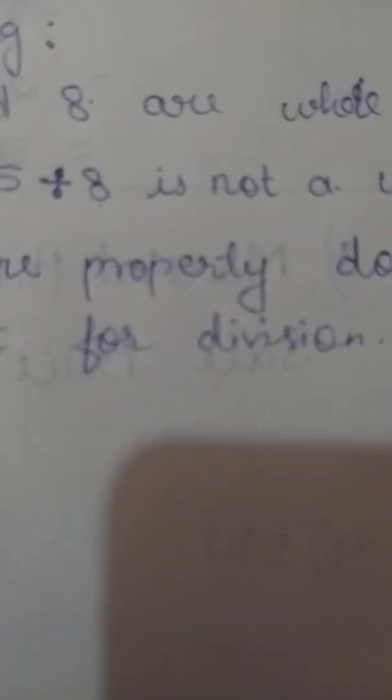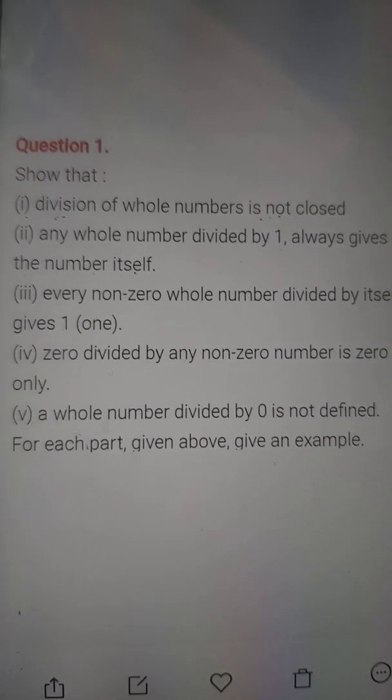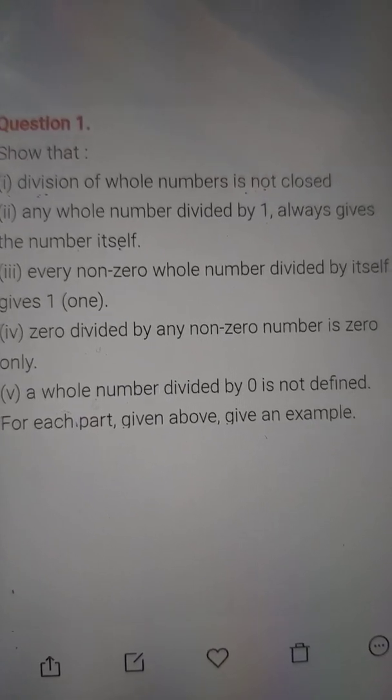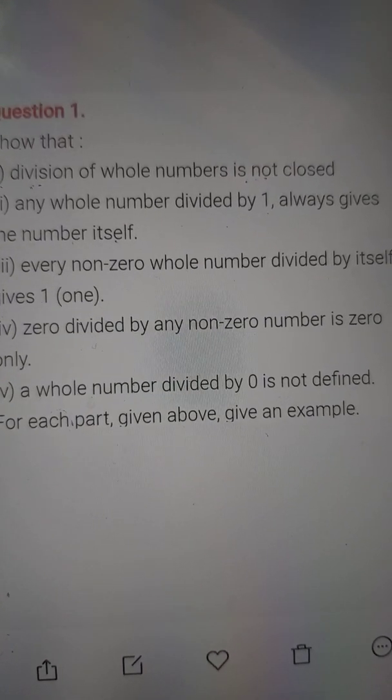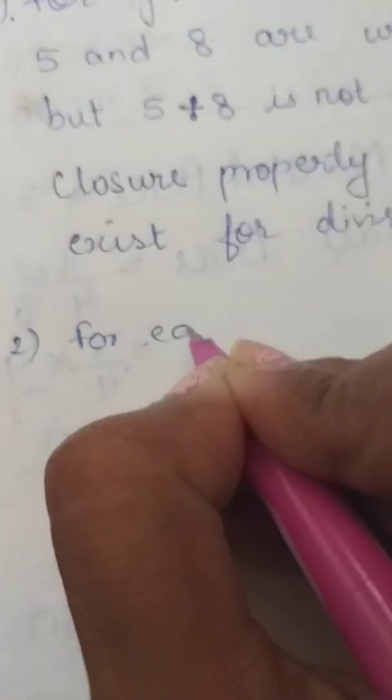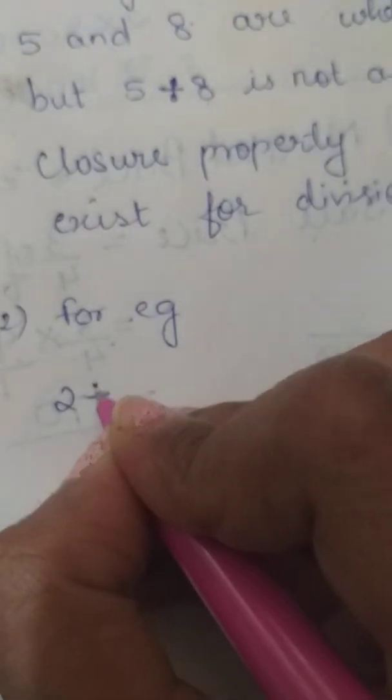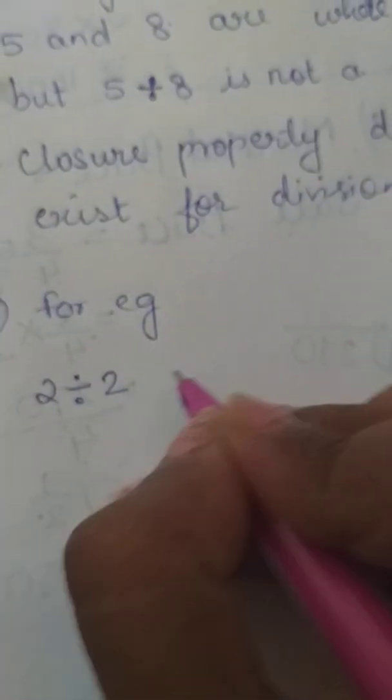Now the second question: any whole number divided by 1 gives the number itself. Let's try this. For example, 2 divided by 2 is equal to 1.